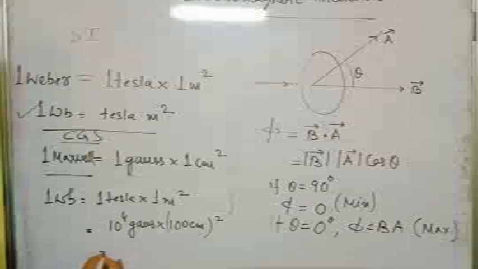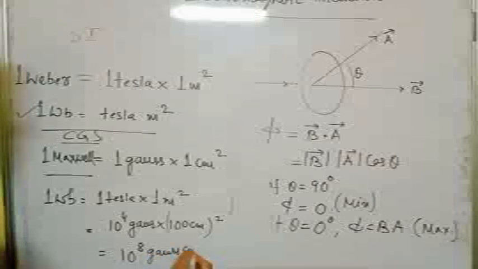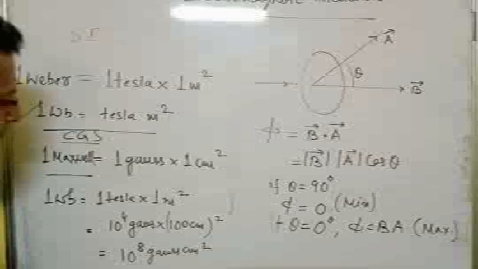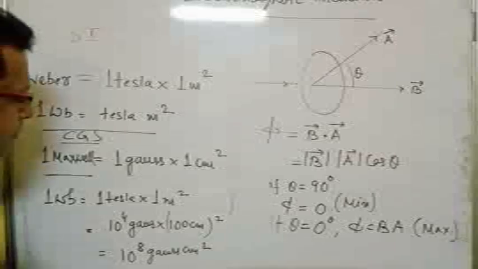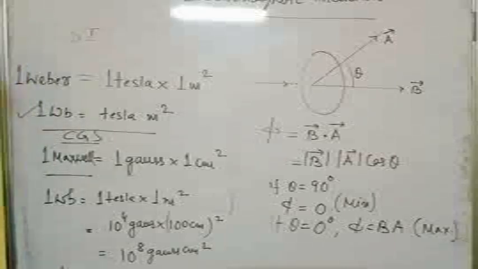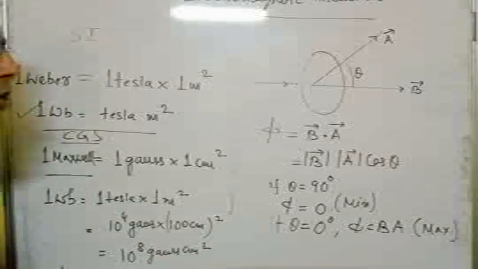So this comes to around 10 to the power of 8 Gauss centimeter square or 10 to the power of 8 Maxwell. So 1 Weber is equal to 10 to the power of 8 Maxwell. So these are the basic things that we know for electromagnetic induction.